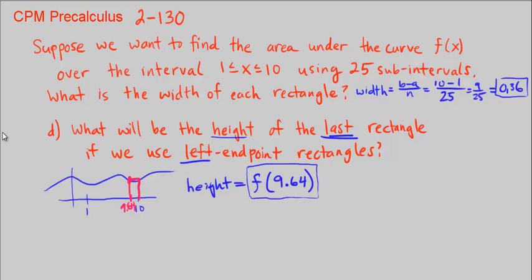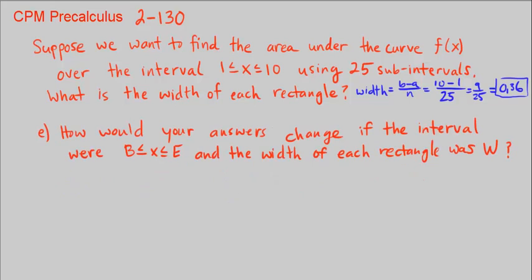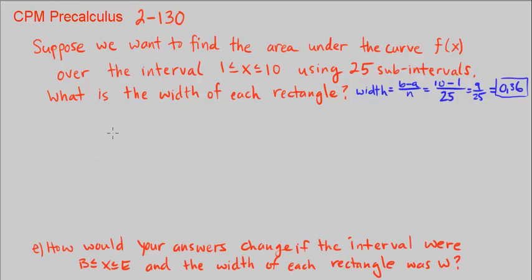Alright, let's go on to part E. E asks, how would your answers change if the interval were, instead of this, we're going to call it B to E, and the width instead of 0.36 is just W. So let me move that down here.